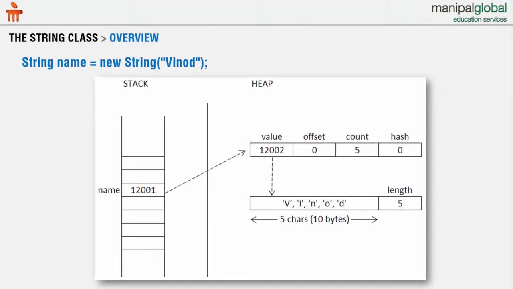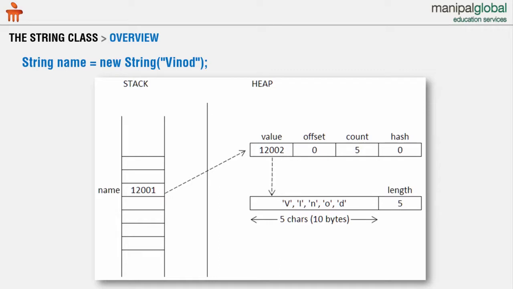In C and C++, they would simply represent the actual variables and values, but in Java, name is just a reference. It is pointing to an object, and the object has some members: variables called value, offset, count and hash. All these four variables come from the string class. Offset, count and hash are of integer type. Value is a character array.